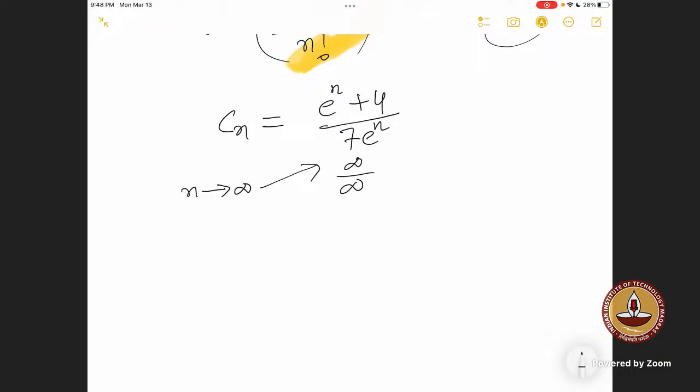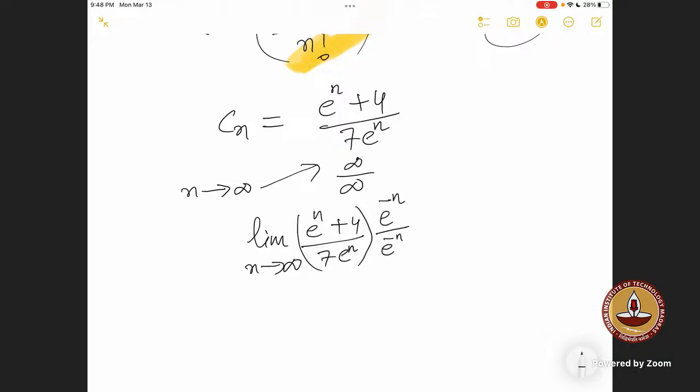Limit n tends to infinity e power n plus 4 by 7 e power n. You multiply both the denominator and numerator by e power minus n, or you divide both the numerator and denominator by e power n. Both are same. So this will be 1 plus 4 e power minus n by 7.